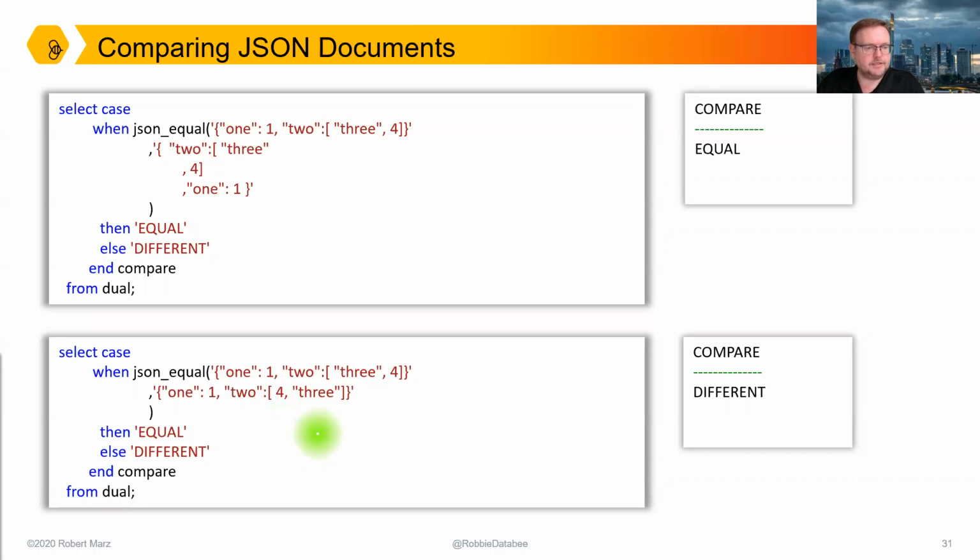So in this array, the order of the elements is important. And if it's not the same in two documents, those two documents aren't equal. And I personally love those functions because it is hell to implement this kind of stuff yourself in PL/SQL or whatever, as you can imagine.